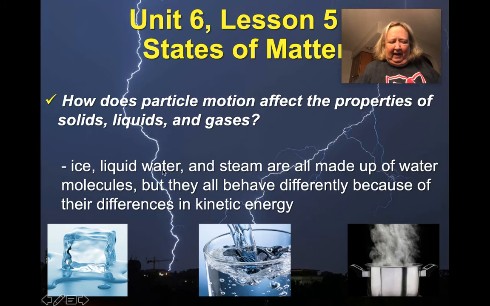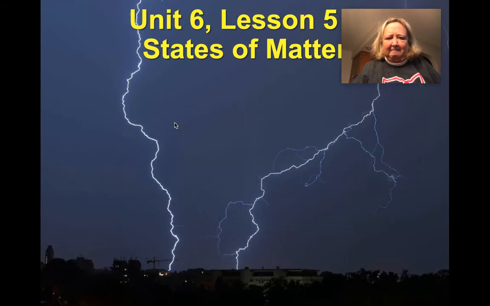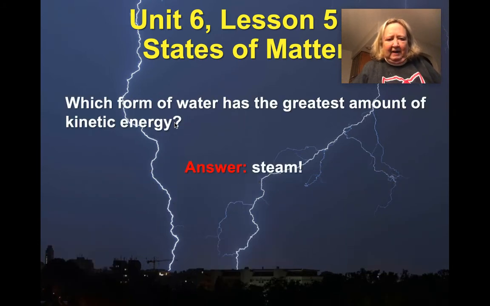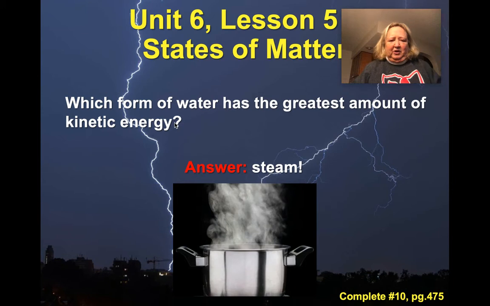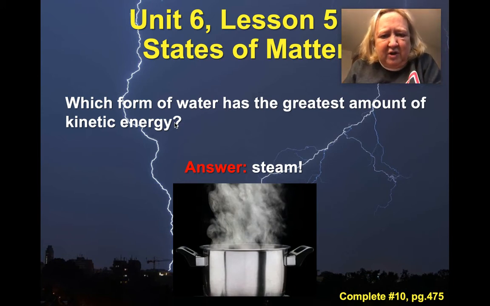So you have ice, you have regular water, and you have steam. They are in their state of matter because of how the particles are moving. Which form of water has the greatest amount of kinetic energy?